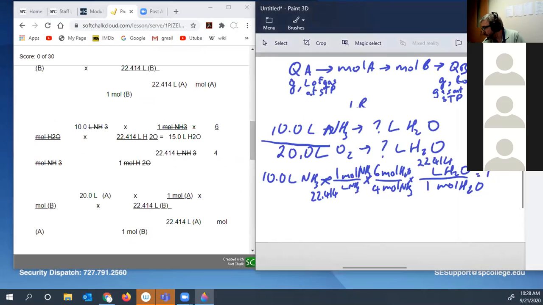Which makes sense because I could have done that in my head, I guess, because you can see that the 22.414s cancel, and it's really just 10 times 6 over 4, which is 10 times 1.5, which is 15.0 liters.